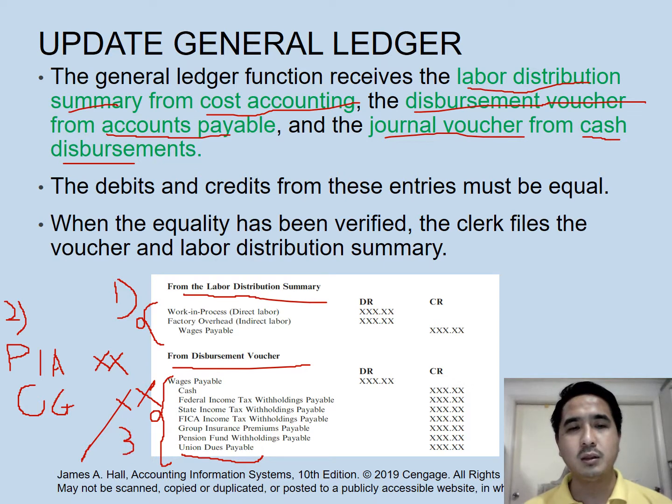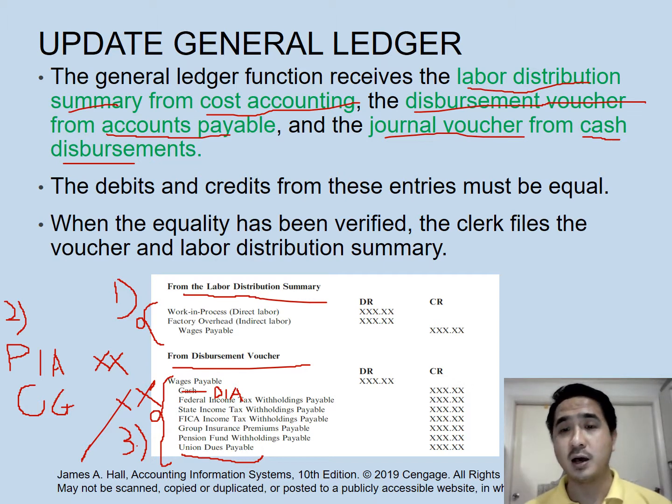When the employee encashes the check, the actual entry will now be debit wages payable, credit, not simply cash, but to be specific, the payroll imprest account. Assuming that all employees will get their salaries, technically the payroll imprest account will close.